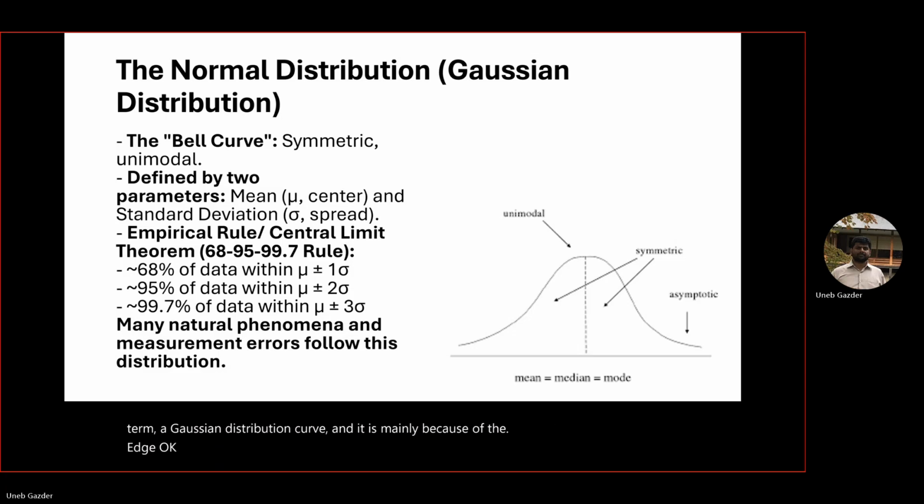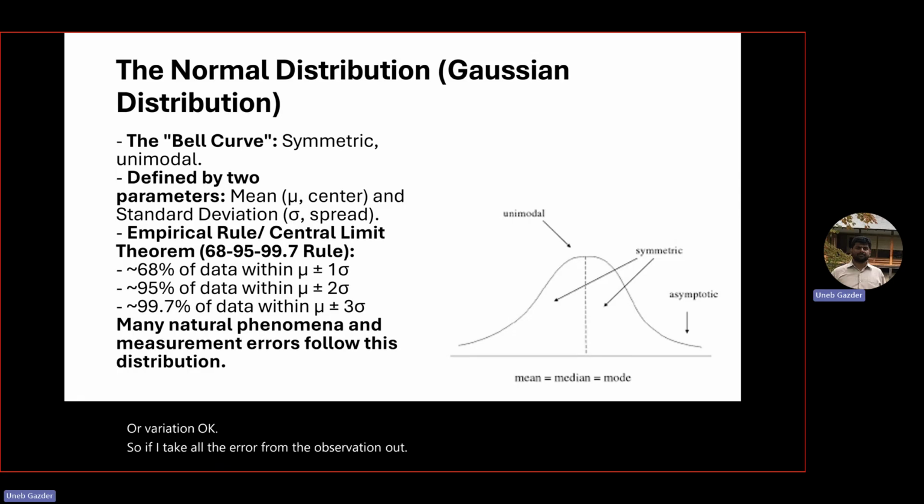errors or variation. So if I take all the error out of the observation, you will always get the perfect value. And there can be only one perfect value, not many. So if you take 3 concrete samples which have the same components, the same ratios, should you get the same value?